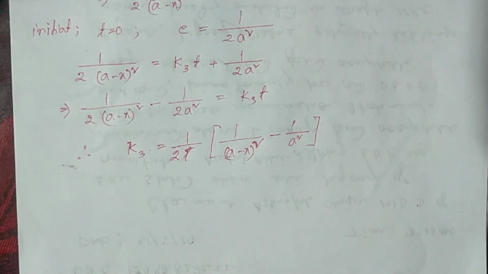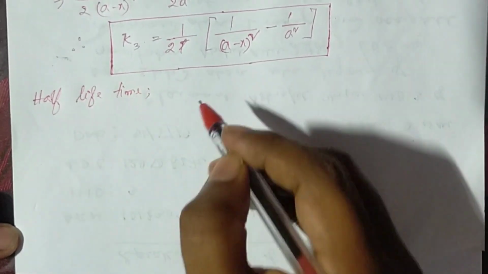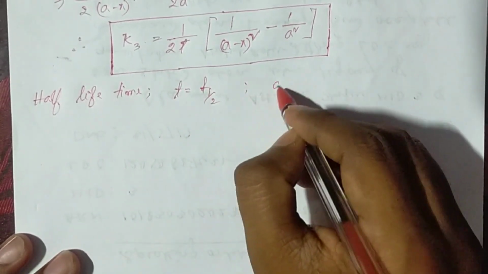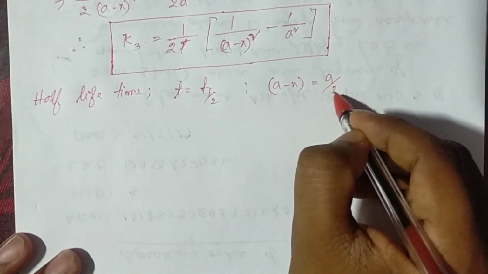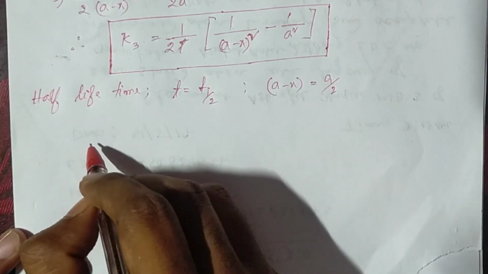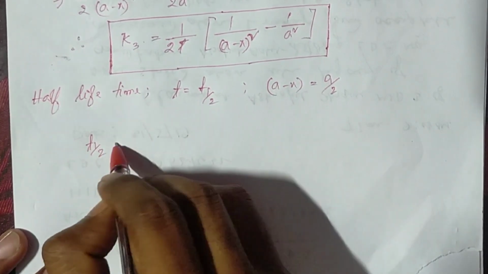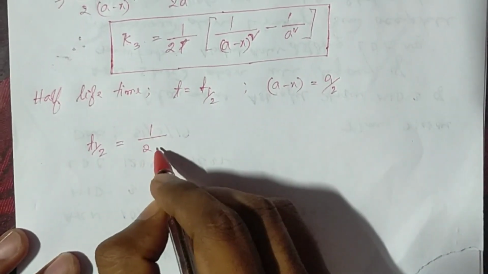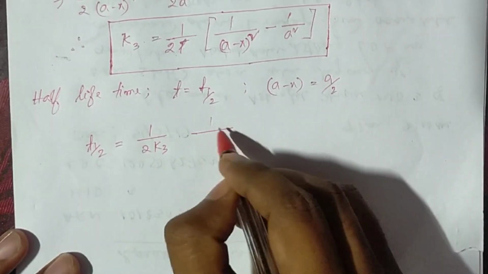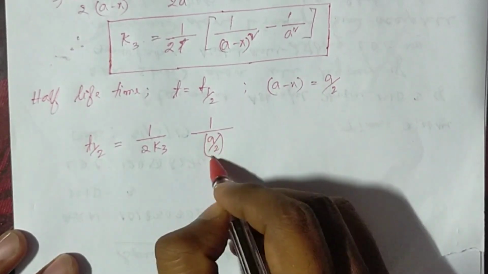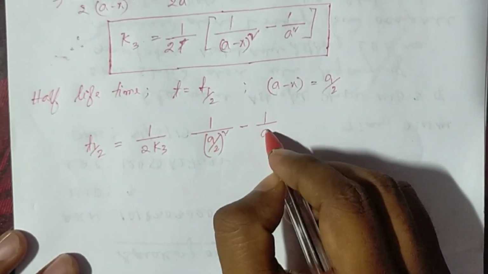Half-life time: here t is equal to t half and a minus x will be a by 2. We will put this value in this equation. So t half is equal to 1 by 2 k3 into [1 by (a by 2) whole square minus 1 by a square].